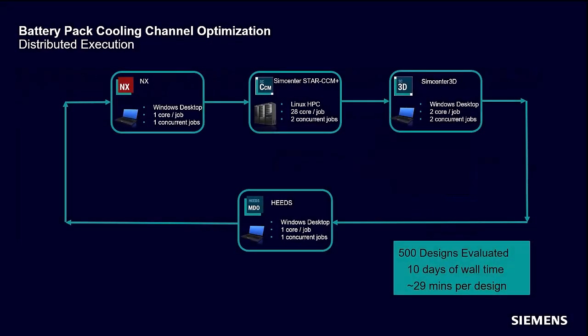As discussed earlier, HEEDS can communicate with different machines on the same network, allowing for utilization of remote compute resources. For this particular study, NX and Simcenter 3D were executed on the same local machine where the HEEDS study was running, while the Simcenter STAR-CCM+ jobs were executed remotely on a Linux HPC in an automated fashion.